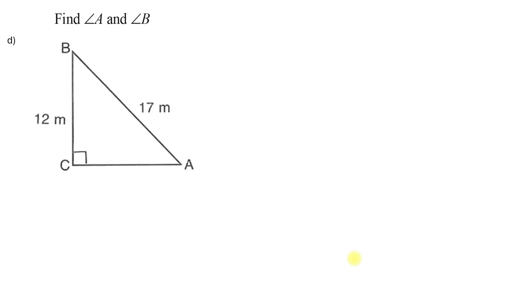Question D asks us to find angle A and angle B. If we select angle A to be our theta, then we know the opposite and the hypotenuse. So opposite and hypotenuse tells us that we should be using a sine ratio.